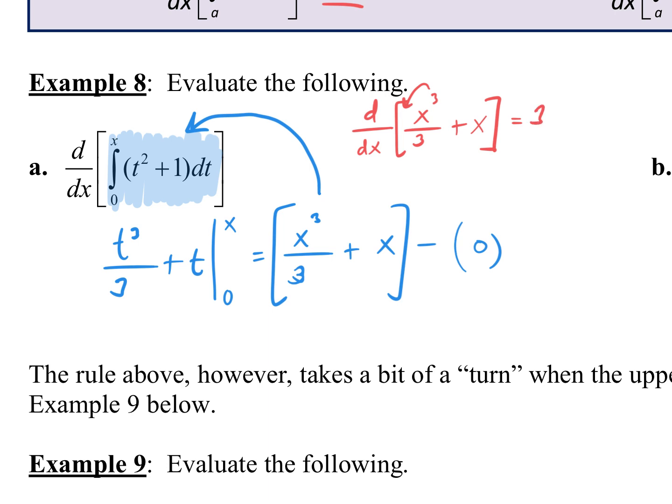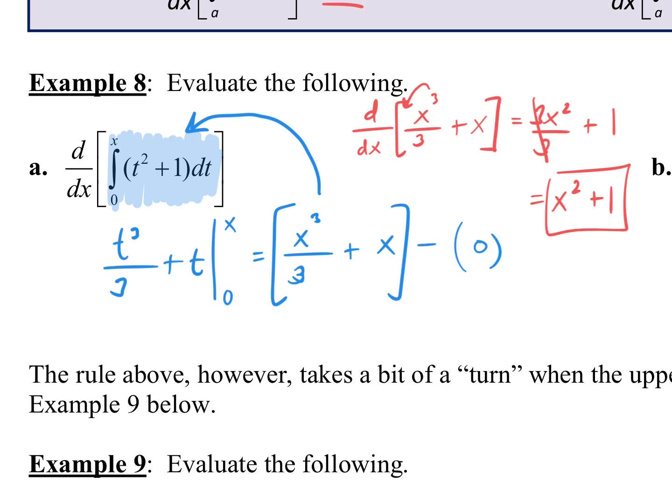This becomes 3x squared over 3 plus, what's the derivative of x? 1. These 3's are going to simplify out, and I'm just left with x squared plus 1, which if you look back to the original problem, that's exactly what you get when you take this x and plug it into this function here, x squared plus 1, x squared plus 1, okay?